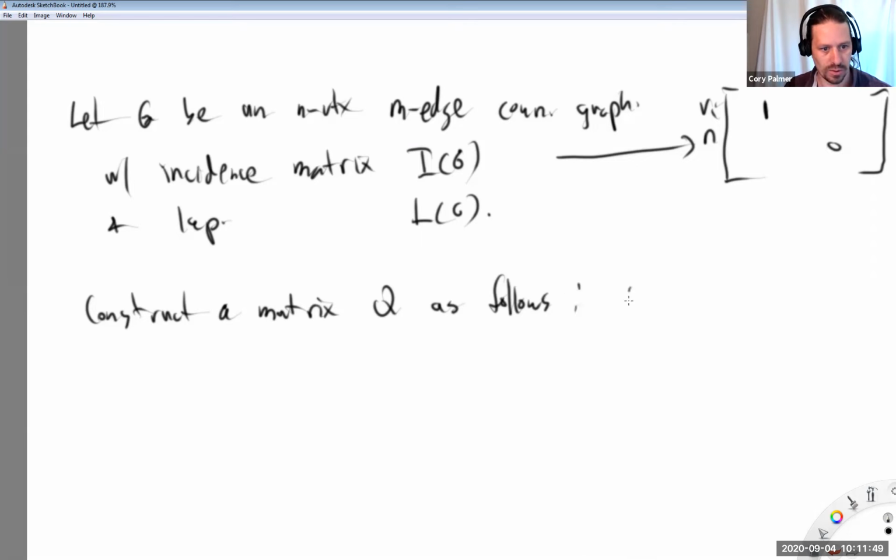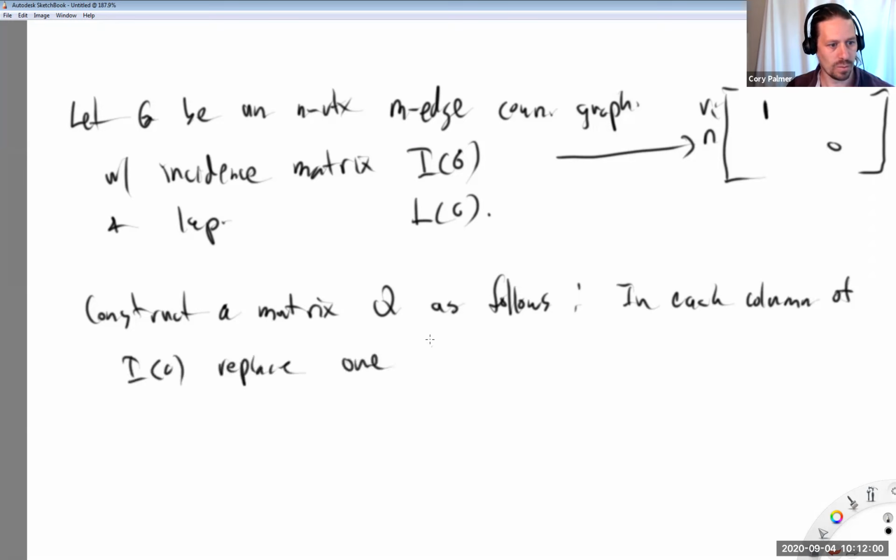In each column of I of G, replace one of the 1s with -1. Remember each column has two 1s in it. In Q, I'm just going to randomly choose one of these two and turn it to a -1 and keep a +1 here. It's not important at all which way you choose this.